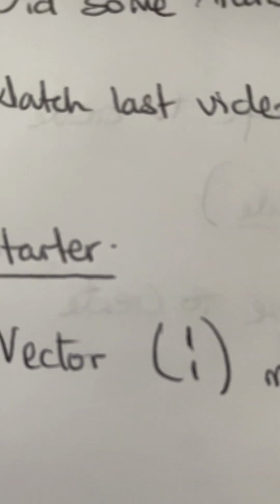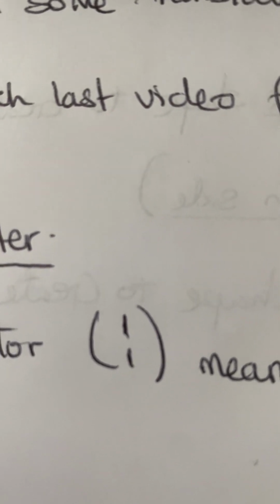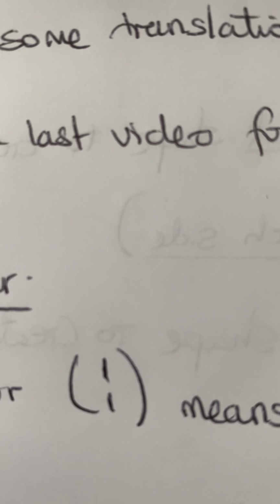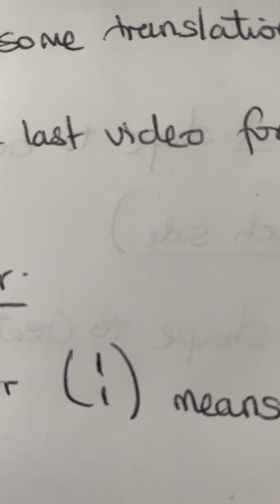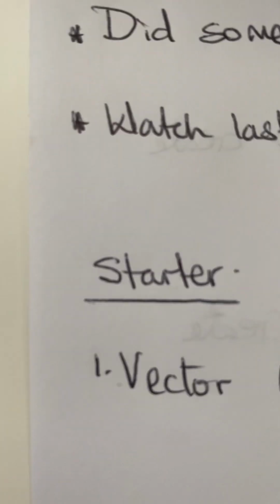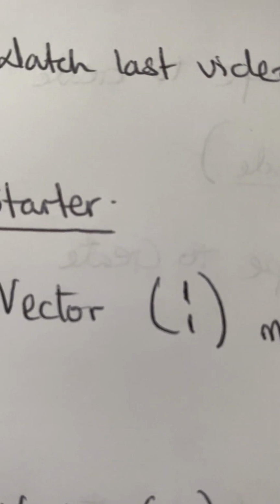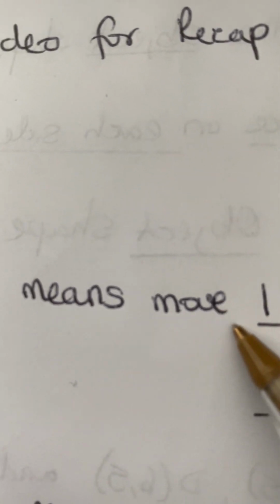So they'll ask you to translate an object with a vector. We said it in the introduction, and I'm repeating it again using the starter in case you didn't understand. So this vector 1, 1 means move 1 unit to the right and 1 unit up.